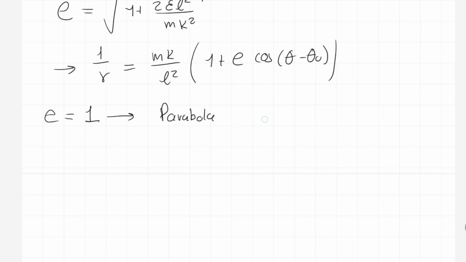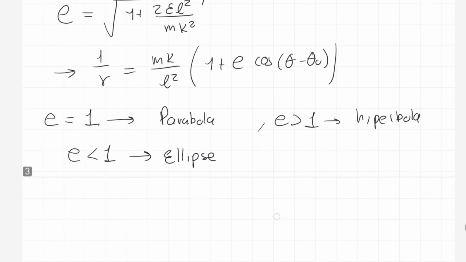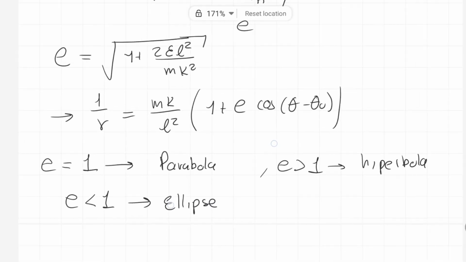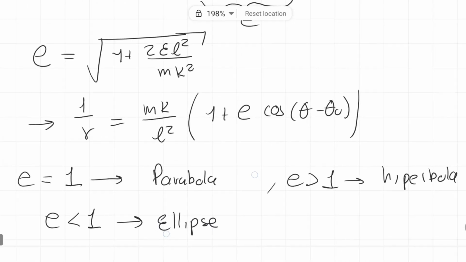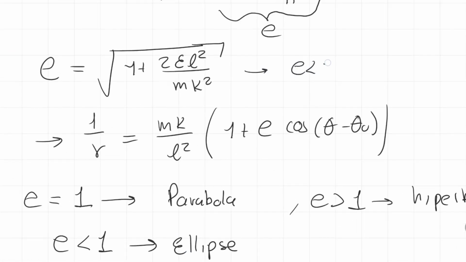If the eccentricity is greater than 1, it will correspond to a hyperbola. And if the eccentricity is less than 1, then you will have an ellipse, which is going to be our case, okay? But what do we need to have an eccentricity less than 1?